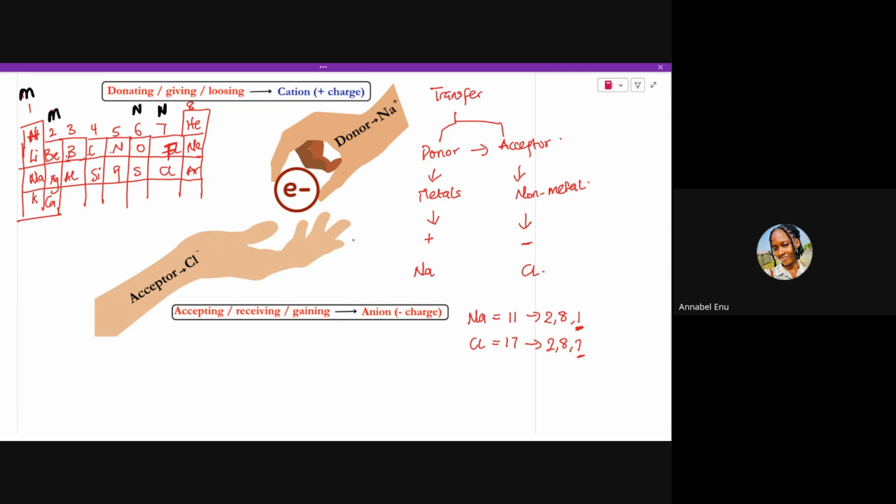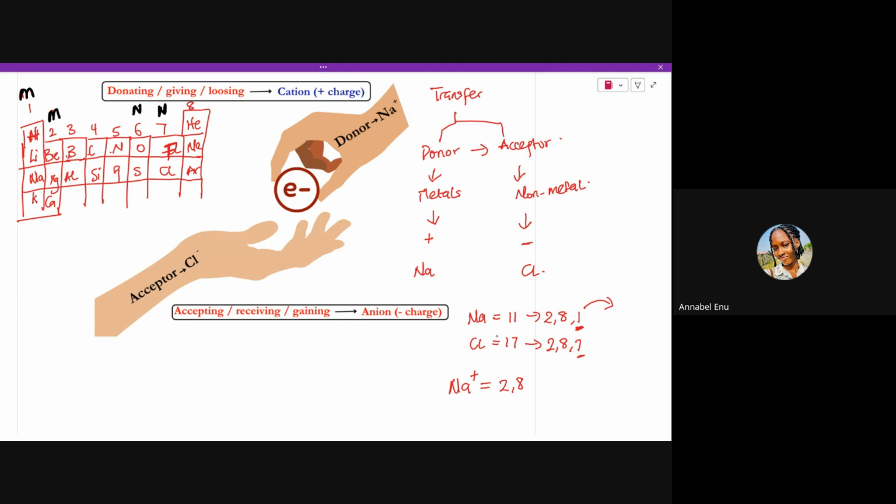This 1 that it's having there is an extra, so it tends to donate it or give it off. Okay, and if it gives it off, sodium will now be written as sodium plus, because like I said earlier, plus means I have donated 1 electron. Okay, and so the electronic configuration for this will be 2, 8. I saw this in one of your past questions, by the way.